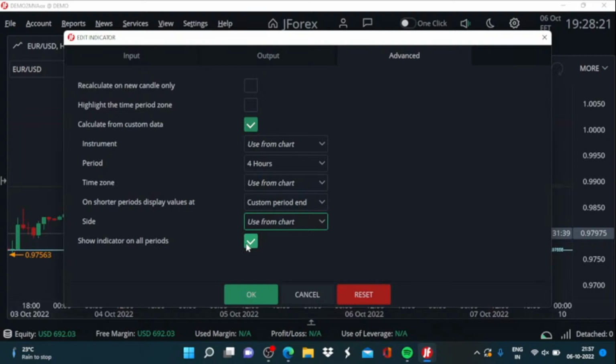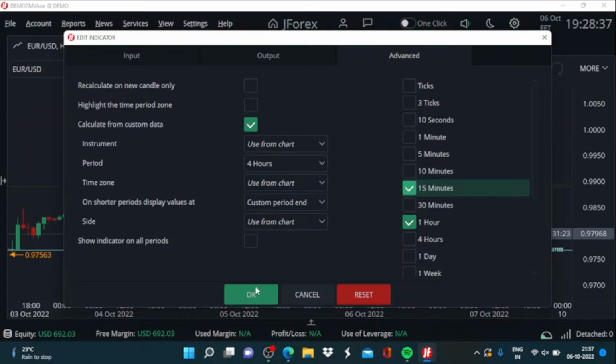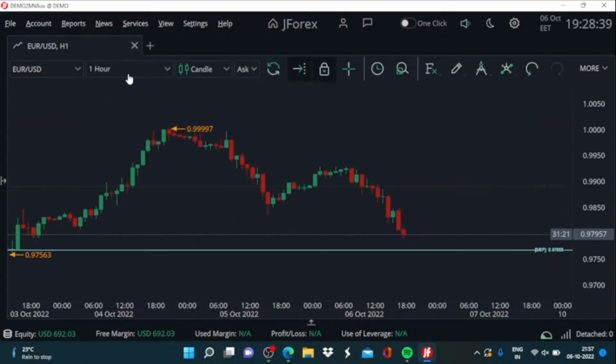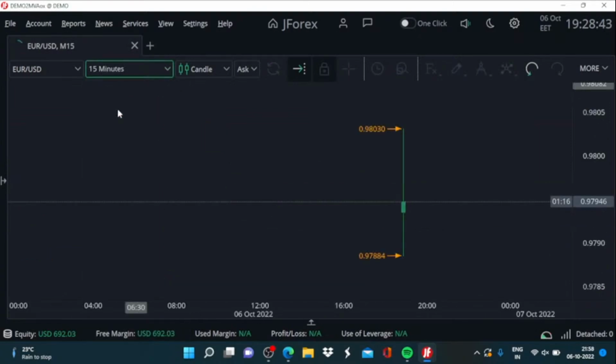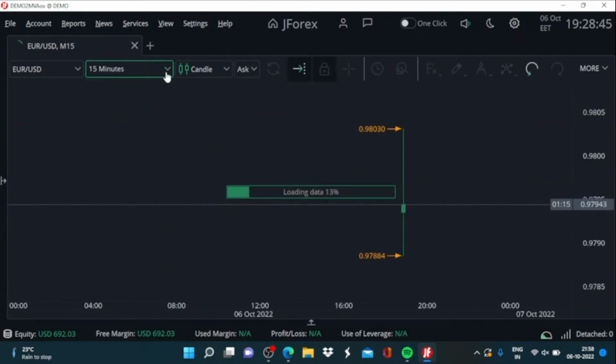If you want the indicator to be available on all the periods whenever you change the candle period, you can do that, or you have to specify on which candle periods the indicator should be plotted. If you specify it only for those candle periods, it will be plotted. Suppose now we are using 15 minutes and hourly as the candle periods on which the indicator should be visible.